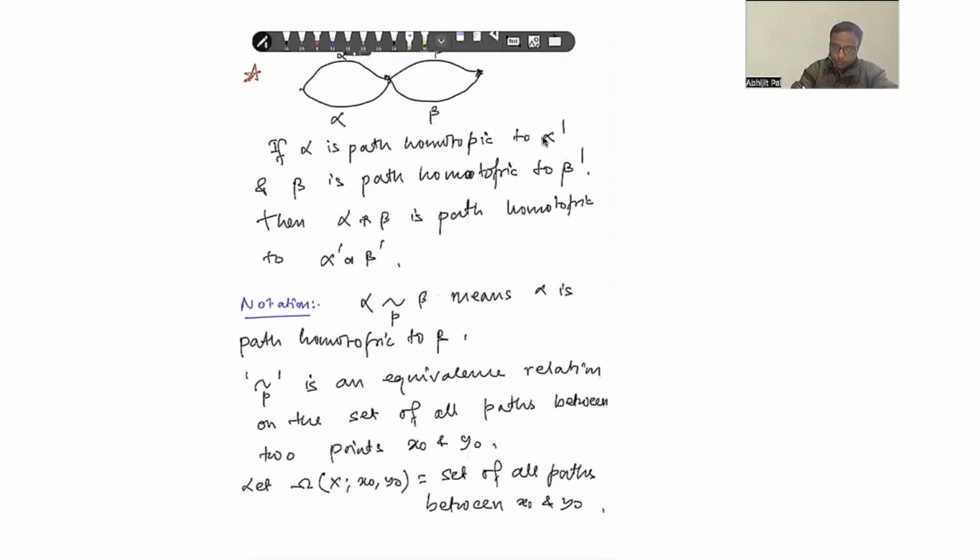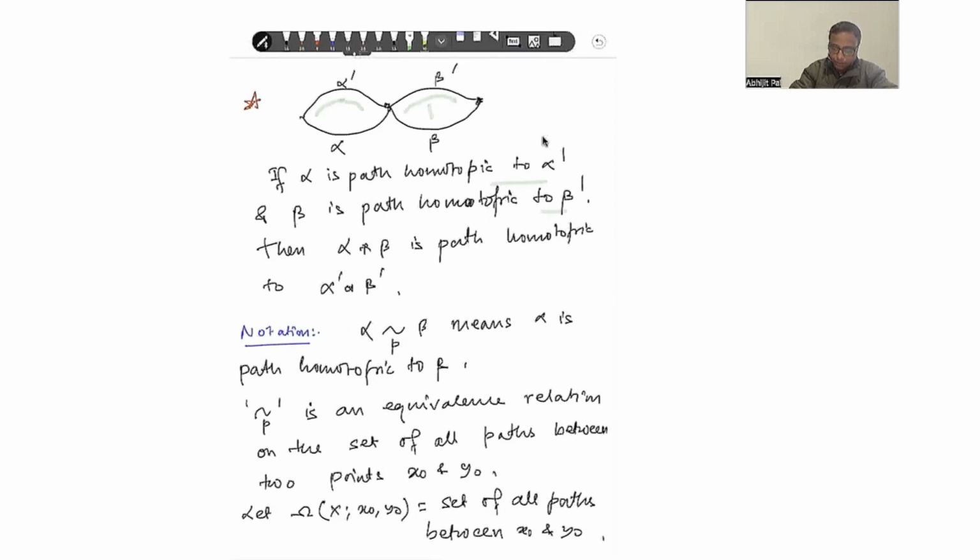Next, you can prove that if alpha is path homotopic to alpha prime and beta is path homotopic to beta prime, and suppose we have the concatenation alpha star beta, where the endpoint of alpha is the same as the initial point of beta, and the terminal point of alpha prime is the same as the initial point of beta prime.